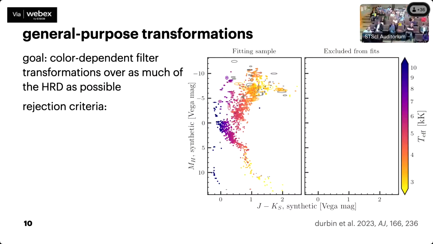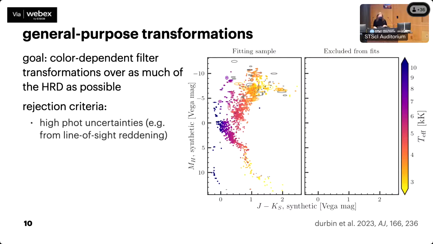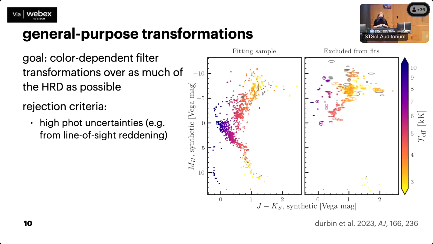So now that we have sanity checked our synthetic magnitudes, we want to use them to construct color-dependent filter transformations that cover as much stellar population parameter space as we reasonably can, but we also want to minimize the scatter. First, we reject stars with high uncertainties on synthetic magnitudes, which are mostly from reddening.